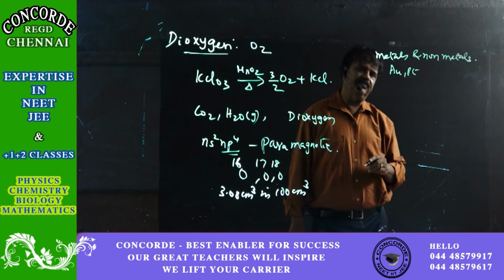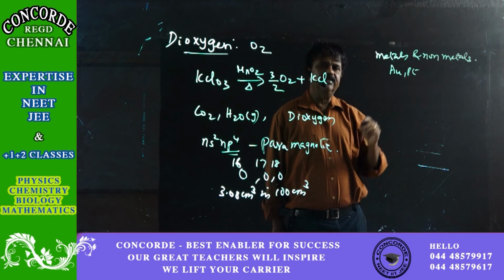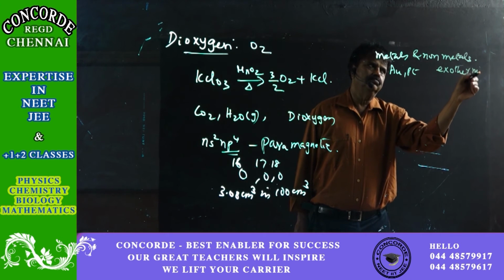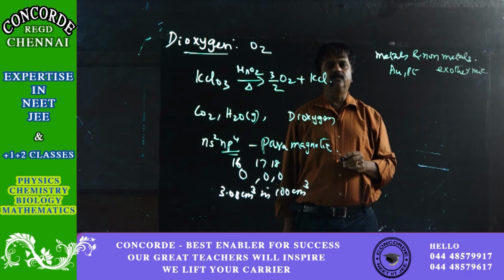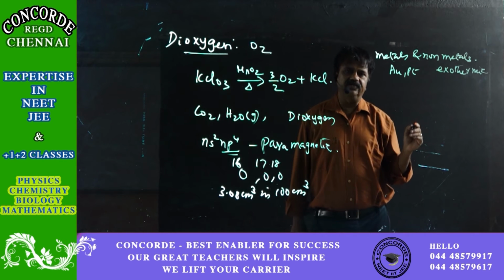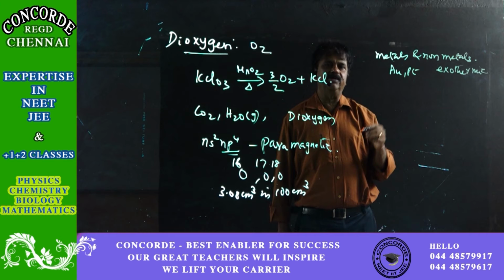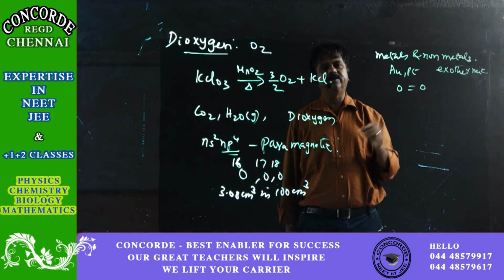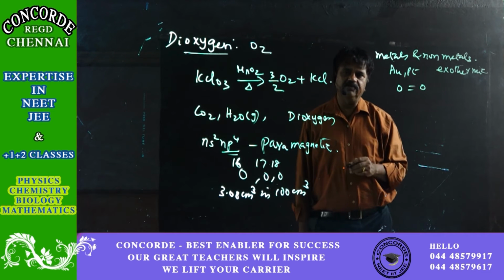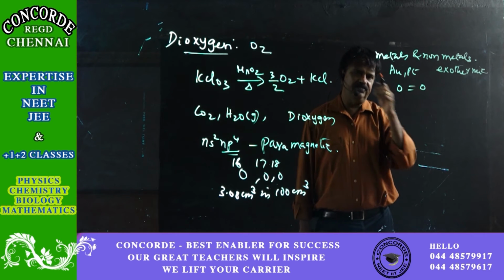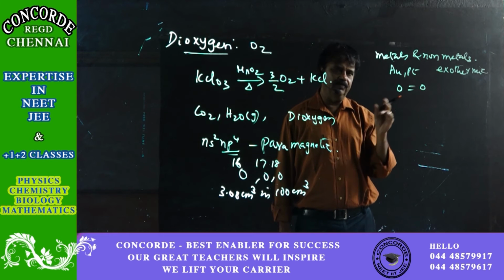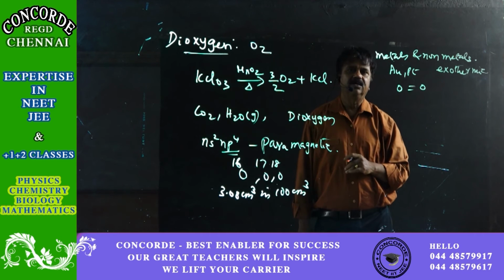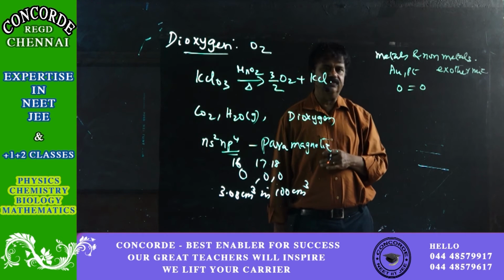The reaction is highly exothermic, but in the initial stages we have to supply some heat. This is because of the oxygen double bond. This double bond has to be broken, so there is a bond dissociation enthalpy involved, for which we supply some energy to start with by heating. Once this breaking happens, the rest of the reaction sustains on its own because of its exothermic property.